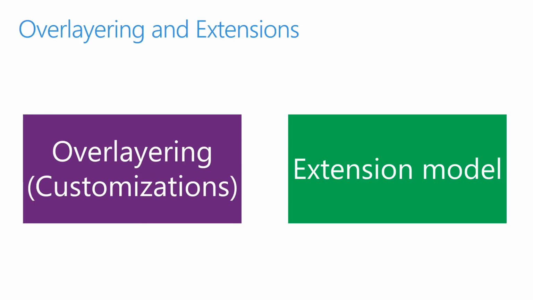There are two options for model architecture: overlaying and extensions. If you choose to create a model in an existing package, you must select the model that contains the elements you wish to customize as a referenced model in the wizard. Creating a model in an existing package indicates an overlaying scenario. This allows you to directly customize metadata and source code in another layer.